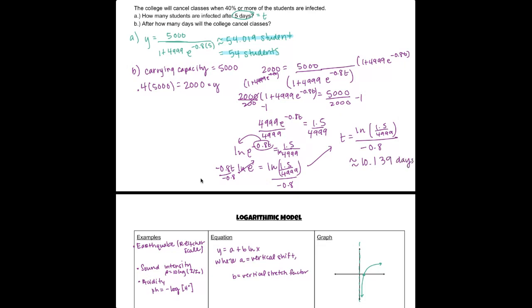I'm going to double check that in my calculator: ln of 1.5 over 4,999 divided by negative 0.8. Yeah, that's a 3. All right, and that's it for that one.